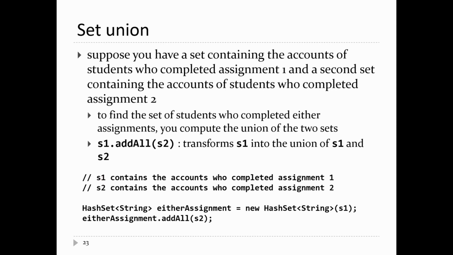So if S1 is the set of students who completed assignment 1, and S2 is the set of students who completed assignment 2, and I want to know who completed either assignment, I make a new set, copying S1. And then add all of the students who completed S2 to it. And that produces the set of all students who completed at least one of the two assignments.